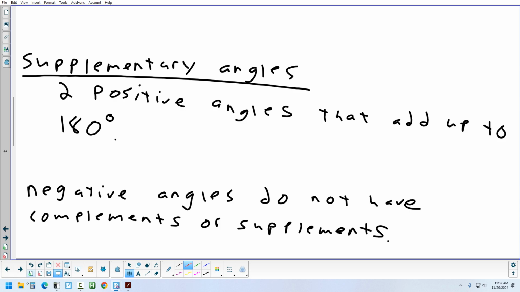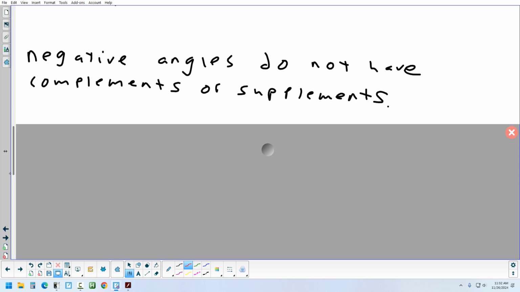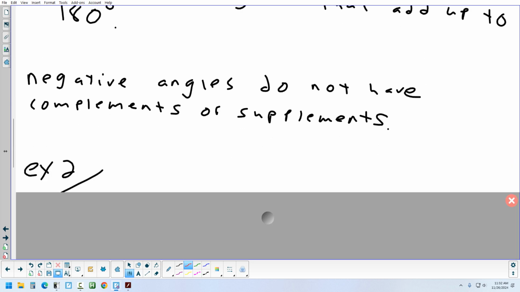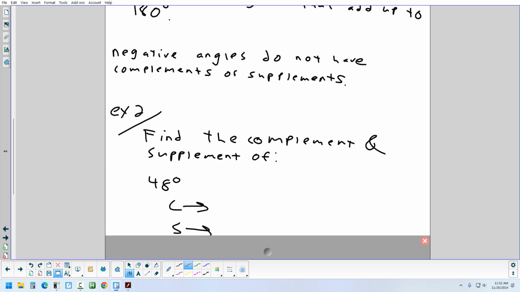All right. So let's try a few, just finding some complements and supplements. And then we'll finish up with the last thing, which is another way to measure angles. Let's try it.